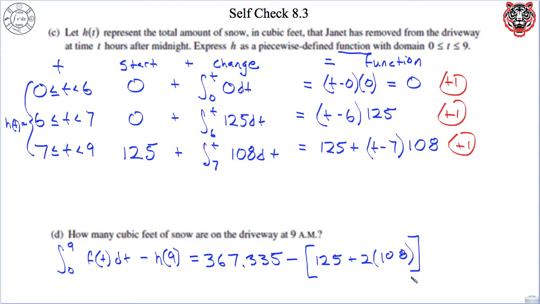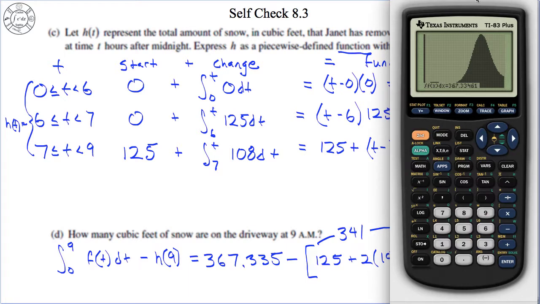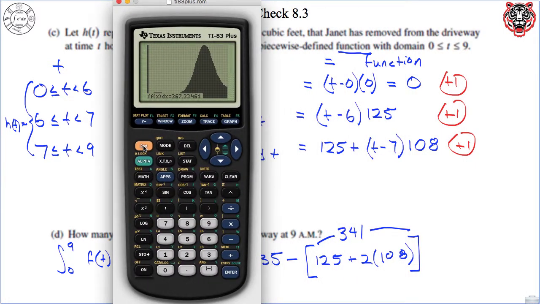And 2 times 108 is 216, and that gives 341 right here. Maybe I should just use my calculator since I have it. I did not get enough sleep. It is 341. Thank you. So what I can do is I can use my answer, and then I can subtract 341.